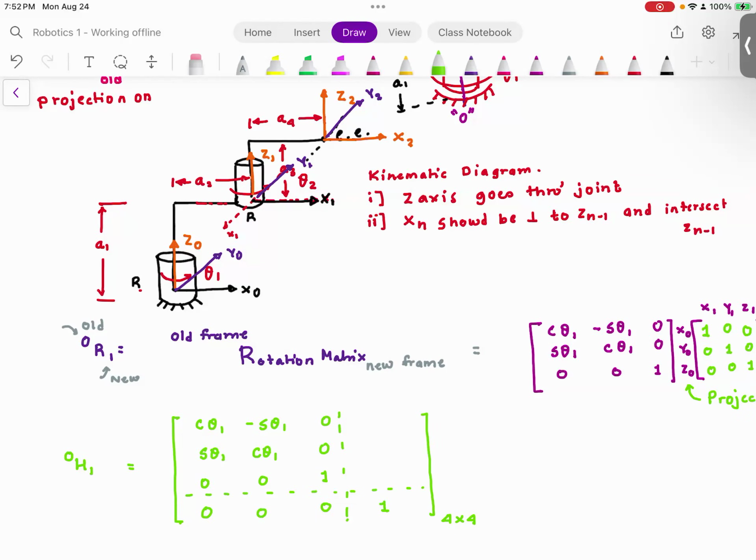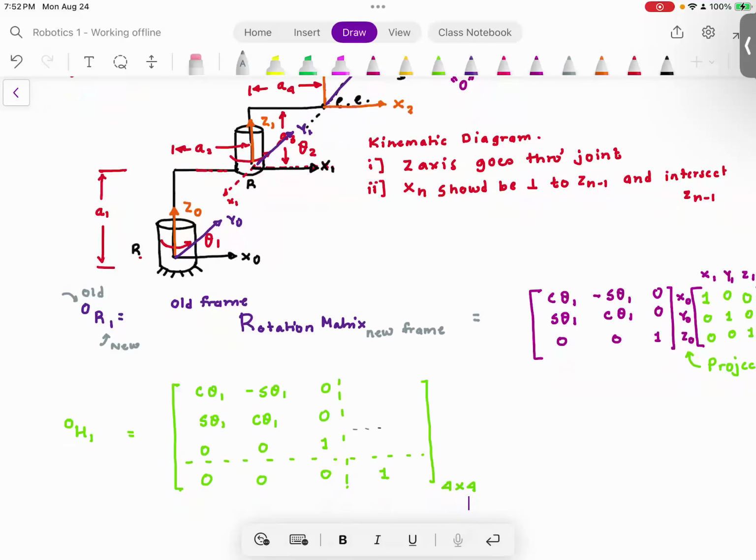Now please understand, this rotation matrix is appended by these 3 additional rows. So I have this row here, and this row, and this row. So I have to fill in these rows. These rows represent the translational information between the new frame and the old frame in the old frame.